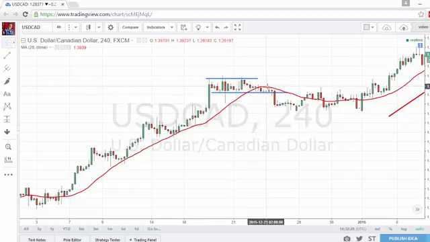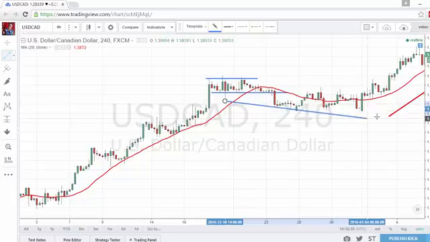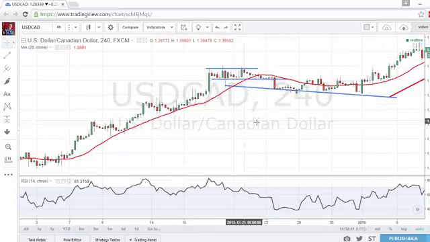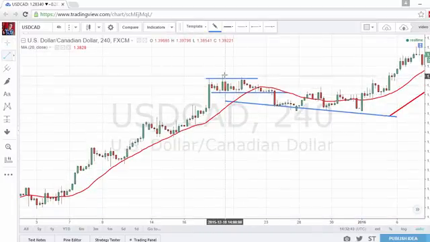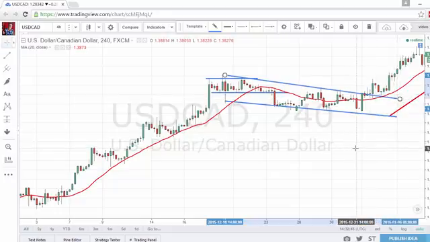It just consolidated sideways, and as we all know, during sideways consolidations, the moving averages don't count anymore. Then we just saw this sideways consolidation, or wedge or flag or whatever you call it, and the price did not go anywhere.